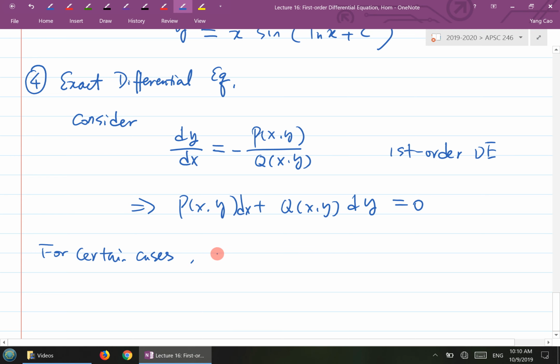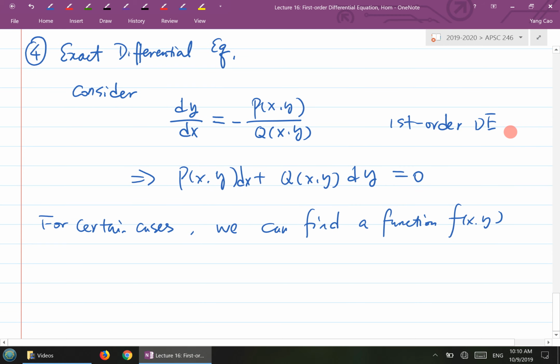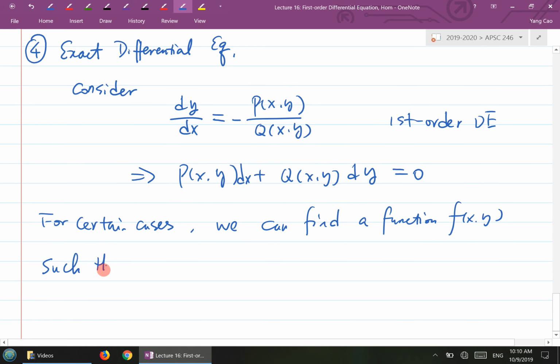For certain cases, we can find a function f of x,y such that df equal to this.